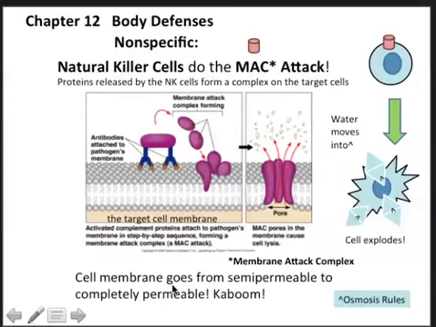So the cell membrane now is completely permeable. The cell can't maintain its integrity, and the result is that the cell essentially just gets destroyed. Okay, it undergoes an osmotic shock, and that's the end of that cell as a source of infection from that point.